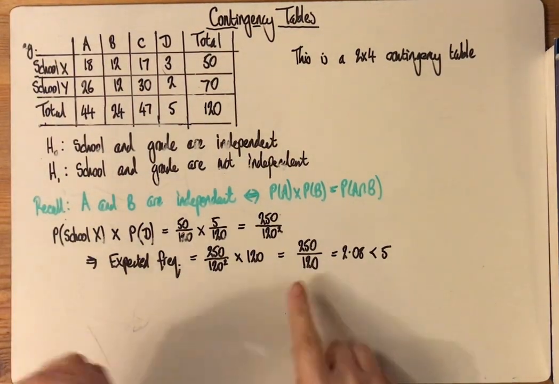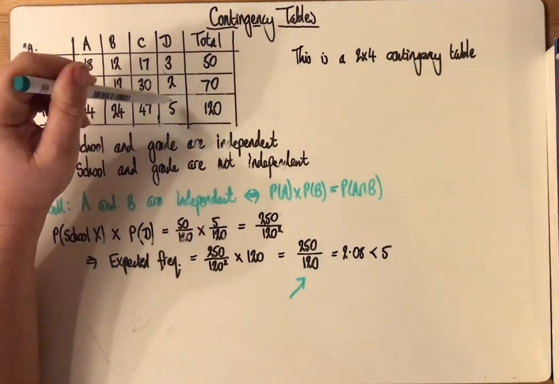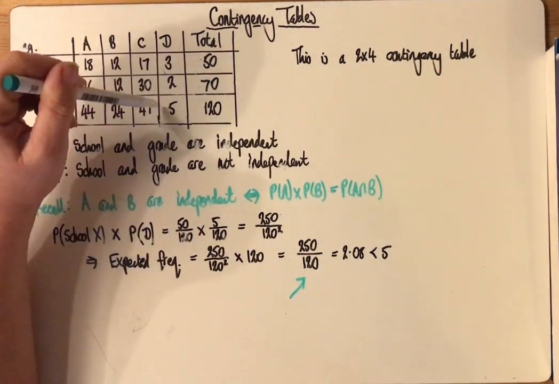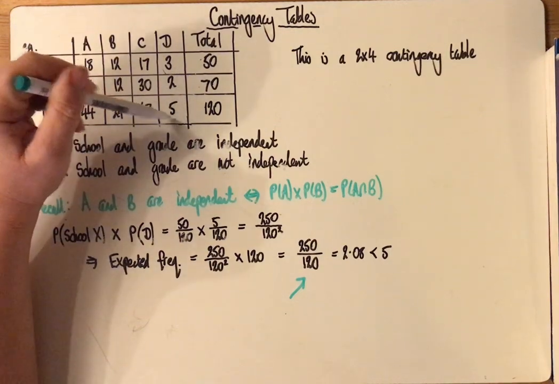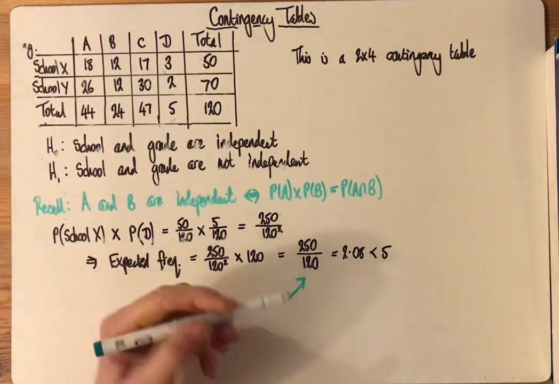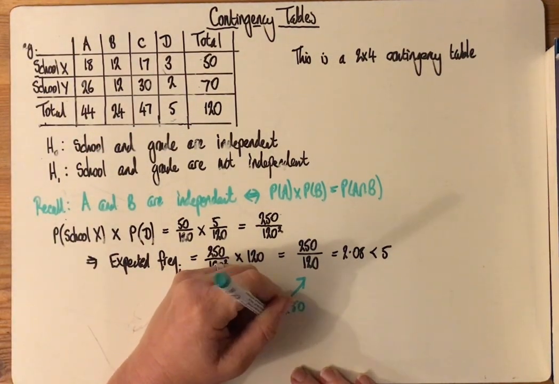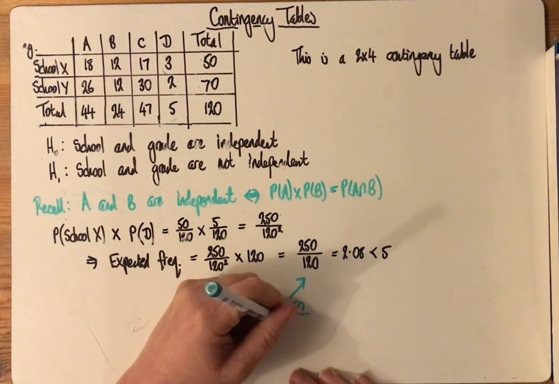Just coming back into this calculation here, this 250 was 5 times 50. So it's the total on the column times the total on the row divided by the total number of students.